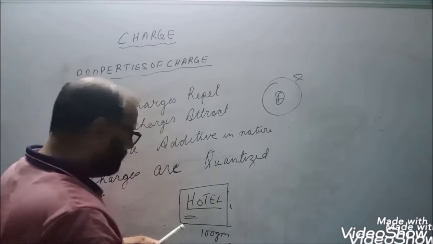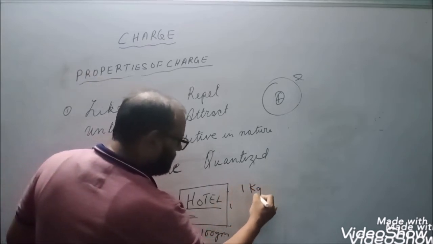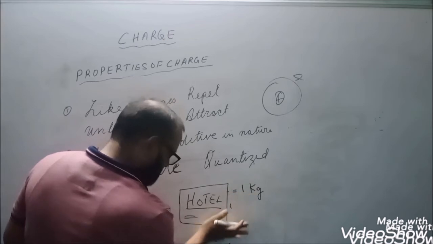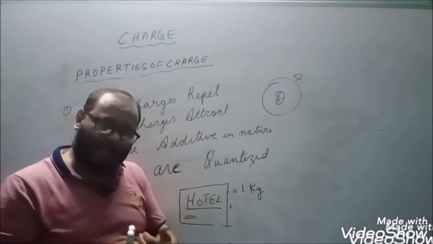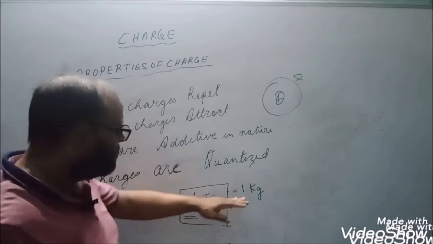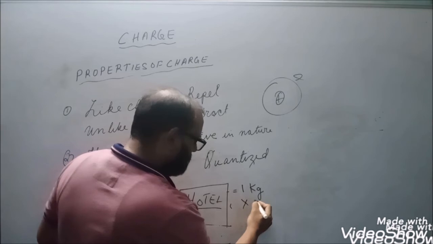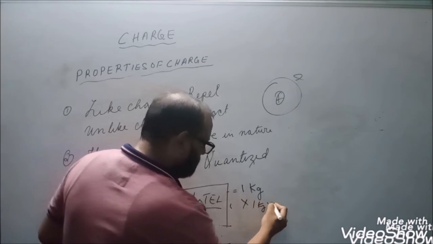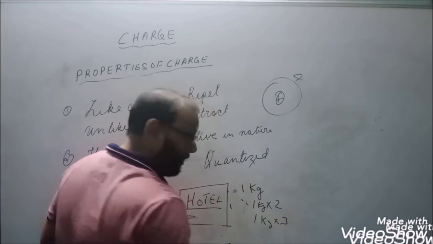Next year, he took 1 kg of rasgulla as a fix. If you want to buy sweets from my hotel, minimum you will get 1 or multiples of 1. That means 1 kg into 2, 1 kg into 3.